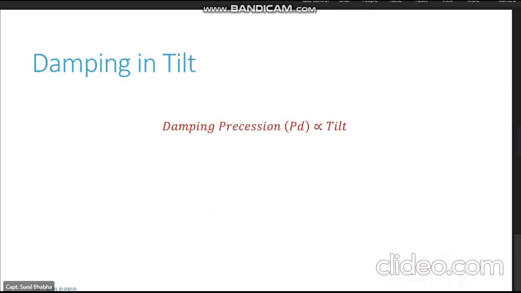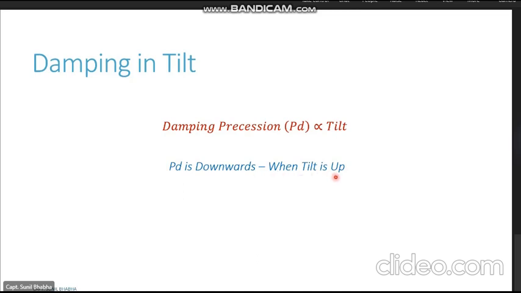Just to summarize, the damping precession PD is proportional to tilt. If there is no tilt, there is no damping precession. As the tilt increases, the damping precession also increases. And the damping precession is downwards whenever the tilt is up.